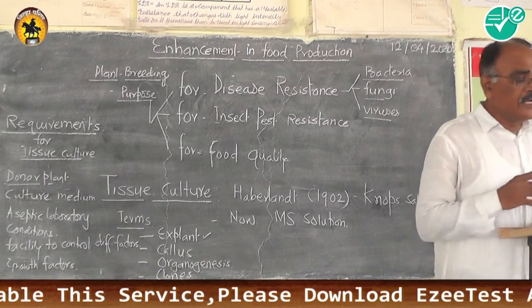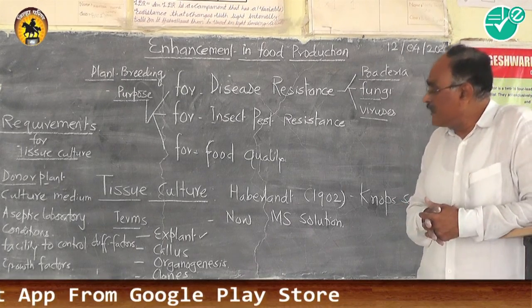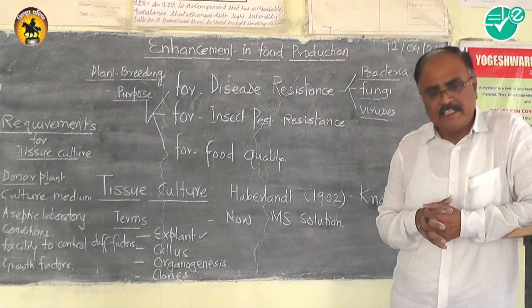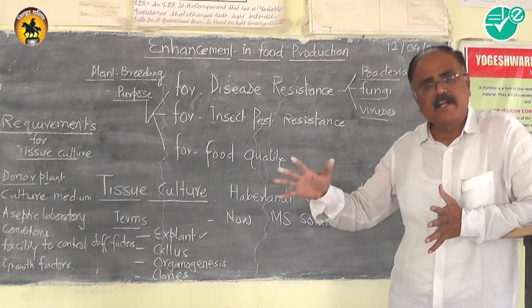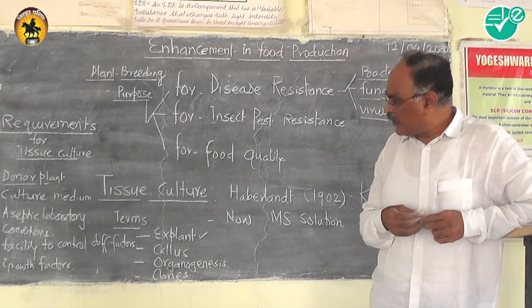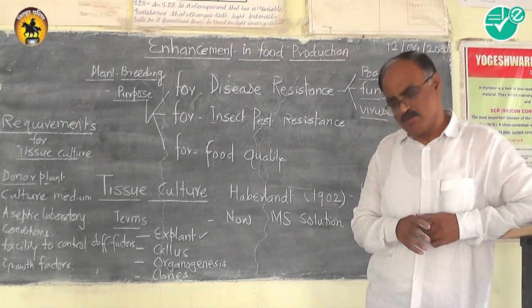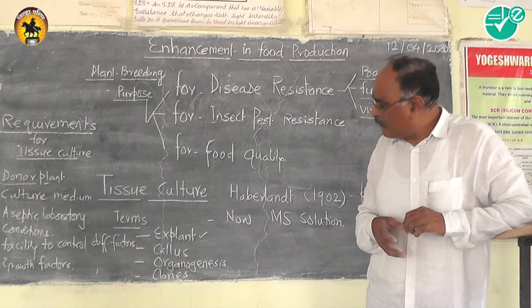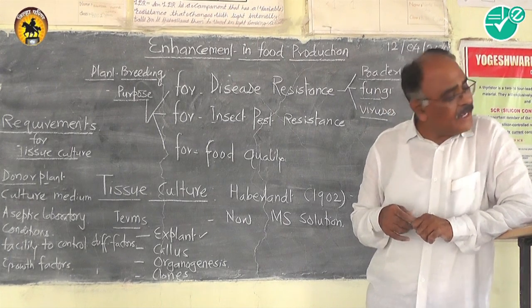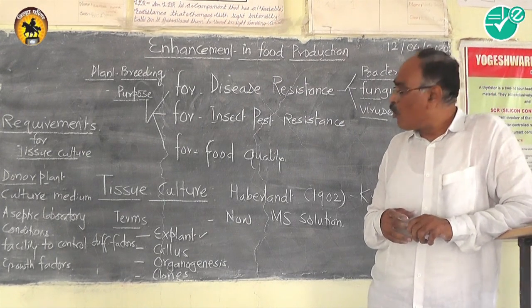This nutrient medium is available in the market with various concentrations of inorganic and organic molecules. It is either liquid or solid. Besides this, the medium may contain a sugar molecule, sucrose, and the growth hormones.